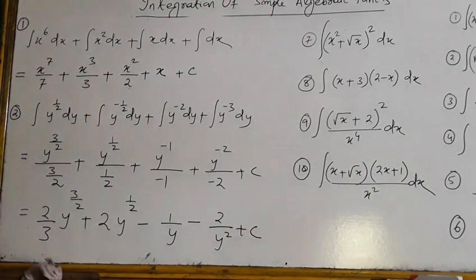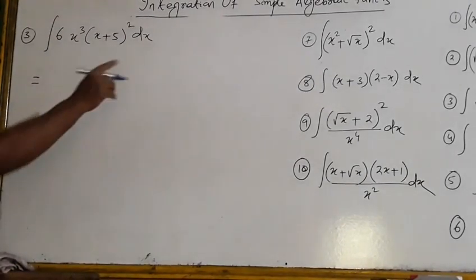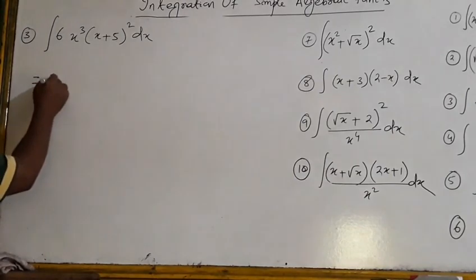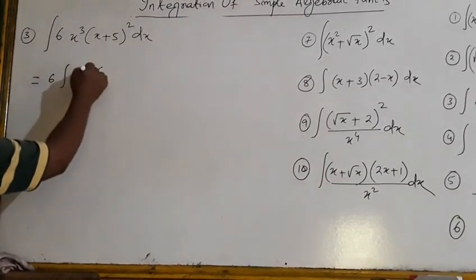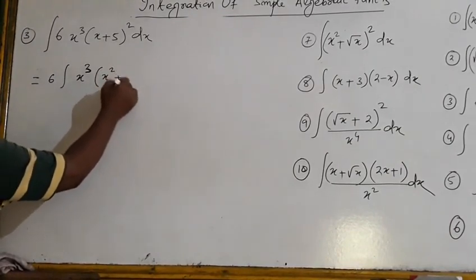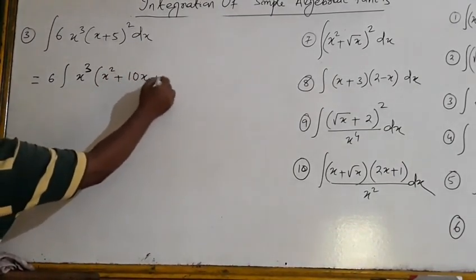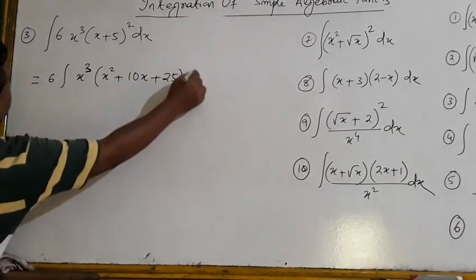Okay. Now number 3. Look at here. 6 will come outside. x cube, just open it. It becomes x square plus 10x plus 25 dx.